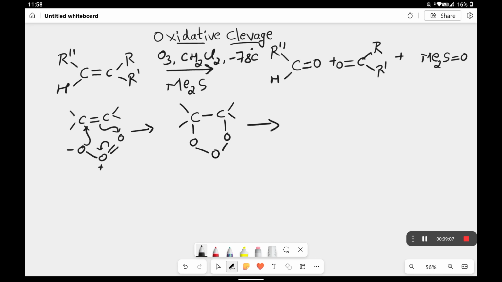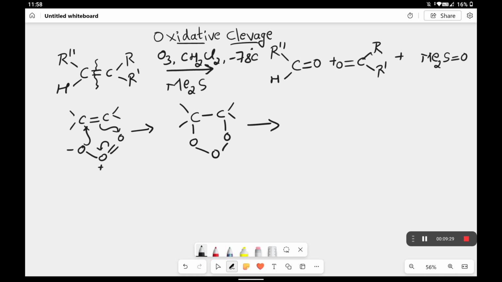If you clearly observe, the carbon-carbon double bond is exactly cleaved. Since ozone is the oxidizing agent, a carbonyl group is added to this carbon and a carbonyl group is added to the other carbon also, which leads to two different products based on the substituents.